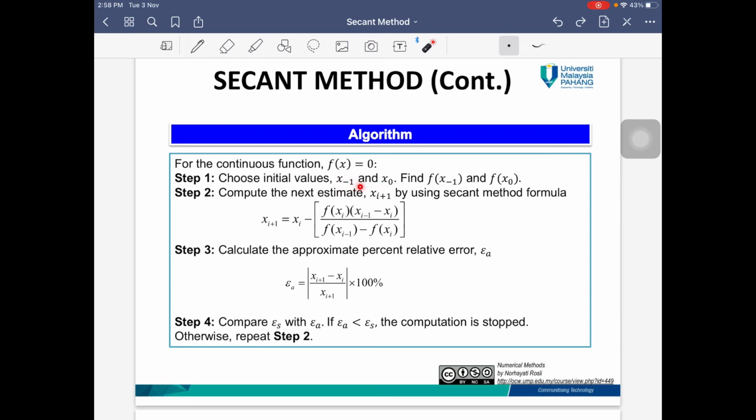These two initial values do not necessarily bracket your root. Then we calculate f x minus 1 and f x naught. Step number 2, compute the next estimate, which we denote as x i plus 1, by using the secant method formula. So this is our secant method formula.